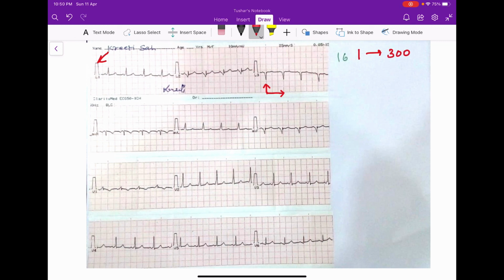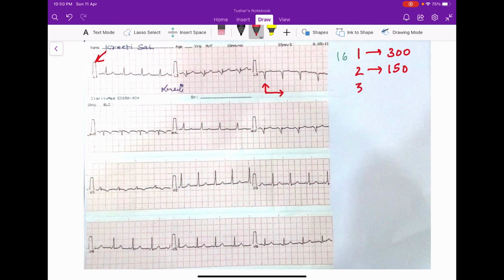If the RR interval is 2 large squares, the heart rate is 150 beats per minute. If the RR interval is 3 large squares, the heart rate will be 100 beats per minute. So in this ECG, as the number of large boxes between the two QRS complexes is 3, the heart rate is 100 beats per minute.